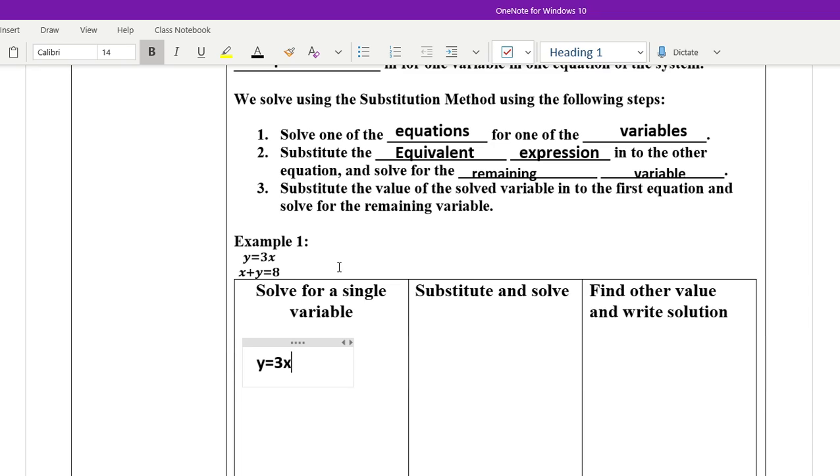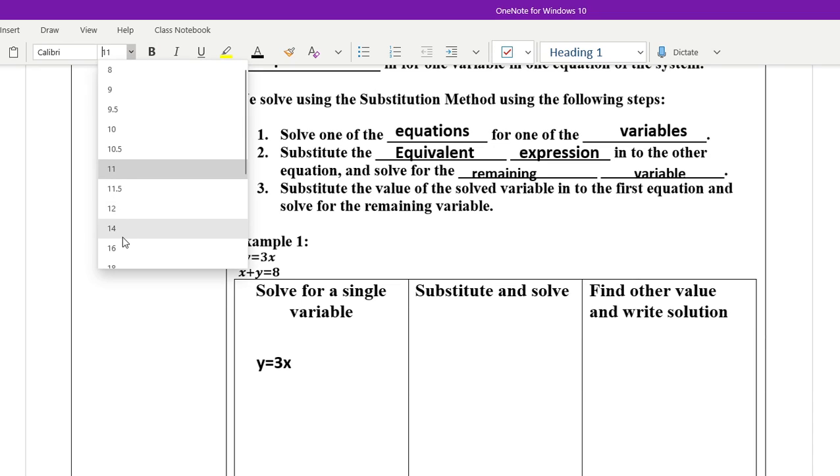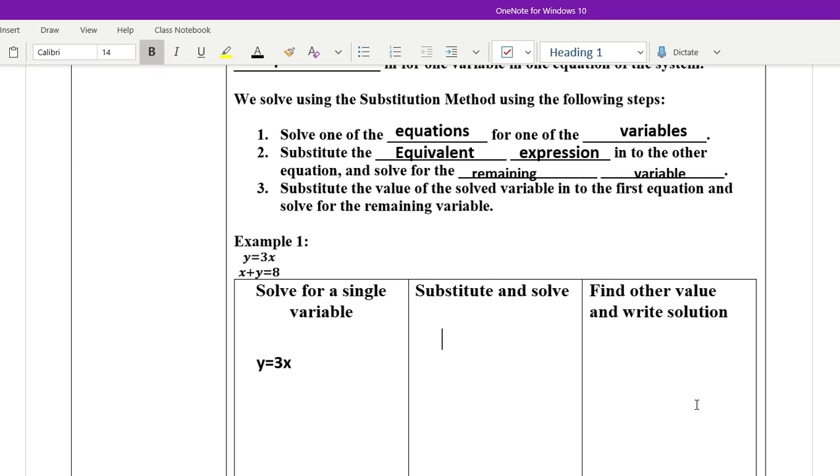My next step, step 2, is substitute in this equivalent value. I want to replace y in my second equation with 3x. The way we go about doing that is, first we write down which equation we are using.